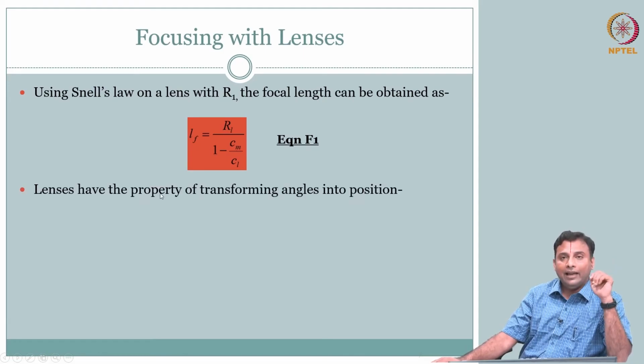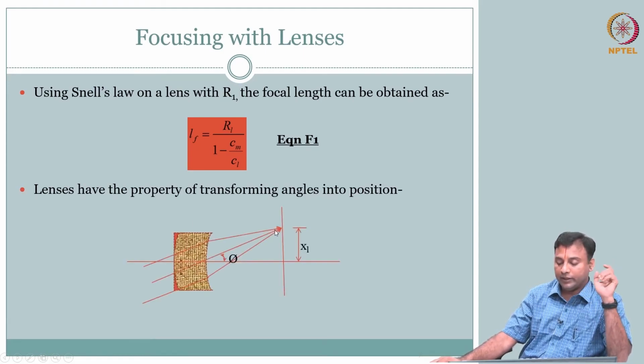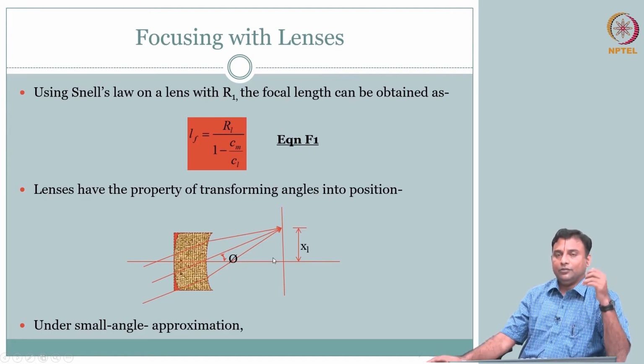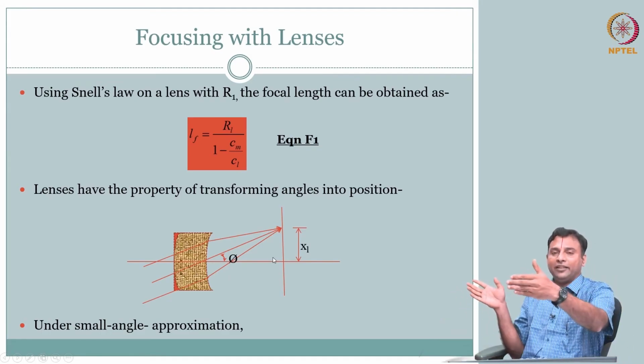So what does this lens do? It transforms position. More importantly, for example, if it comes and hits at an angle, this angle is transformed to position. That's what this lens is trying to do. So if we do that under small angle approximation, given this, this is your F_L, right? The idea is it is going to reduce the spread.